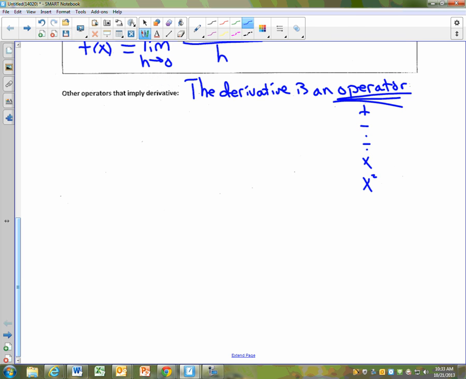I'll give you some other operators. Natural log of something. Another operator. Sine of something. Cotangent of something. I'll even give you a different one. F inverse. Do you remember from pre-calculus what it means when we do f inverse?